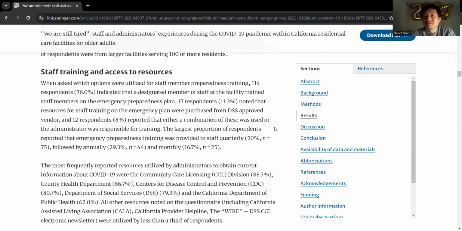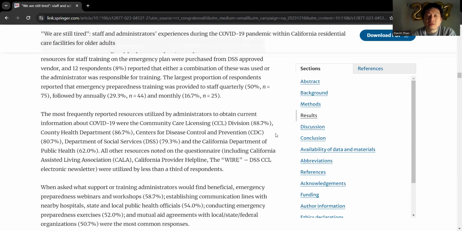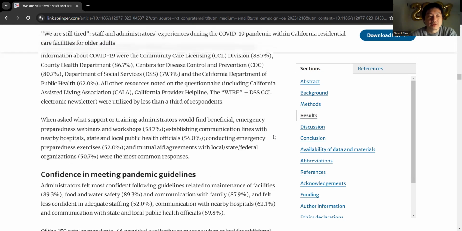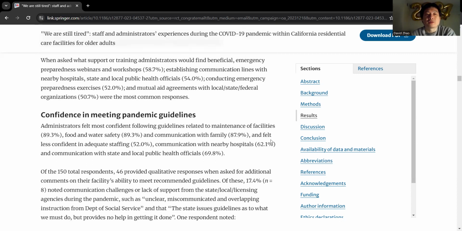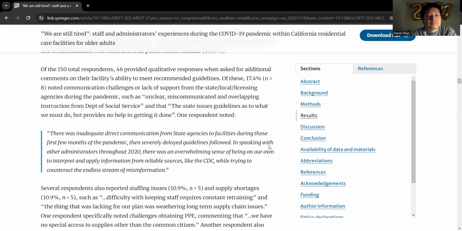We feel that they deserve individual sections to go more into depth regarding the subtopics we chose, as well as confidence in meeting pandemic guidelines.